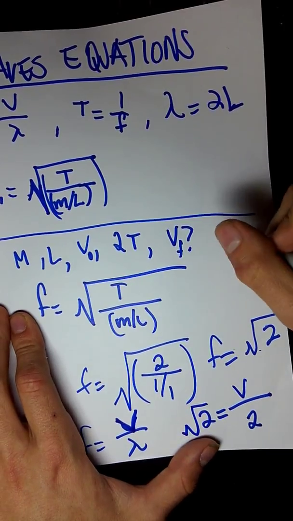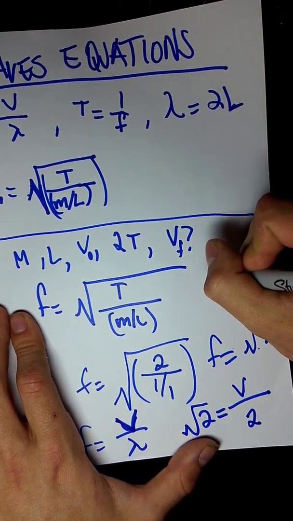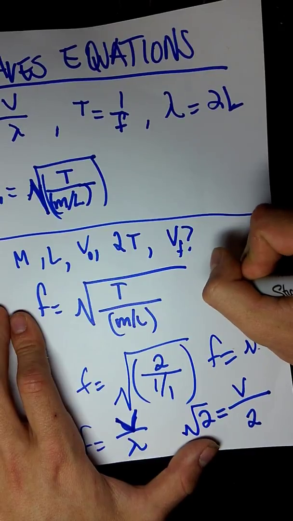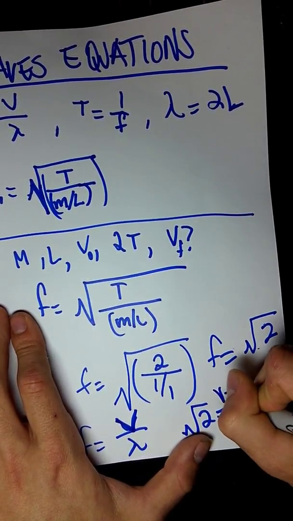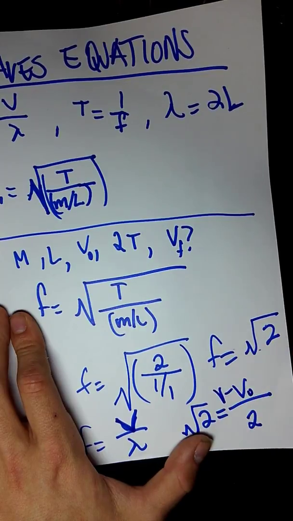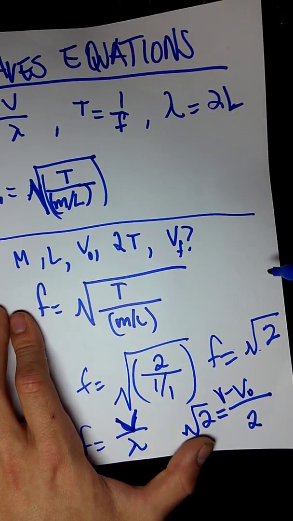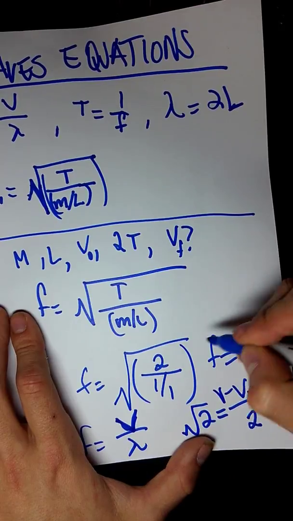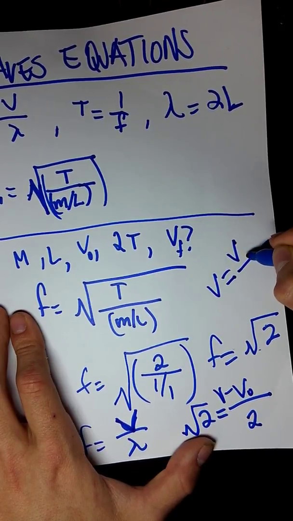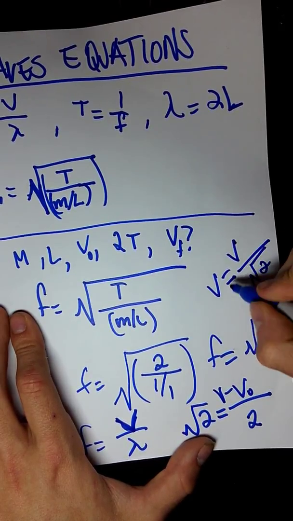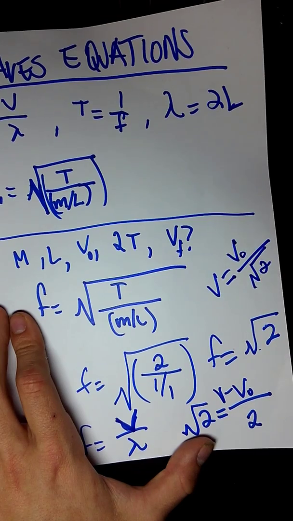I'm solving for the new velocity, so I have to do my change in velocity: velocity final minus velocity initial. I wind up getting that velocity final is equal to velocity initial over root 2.